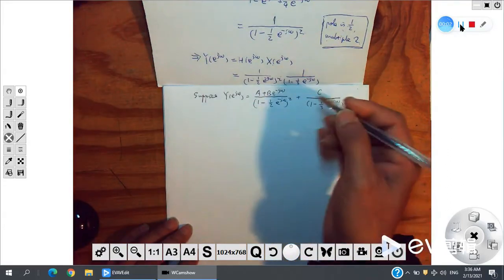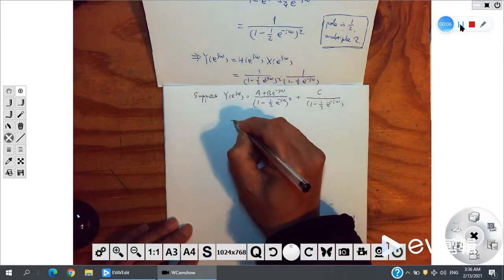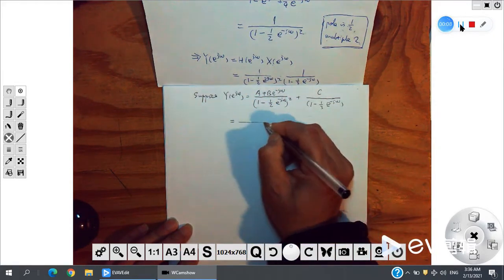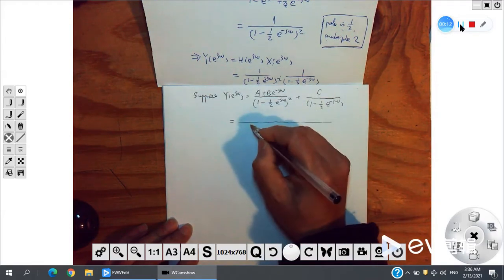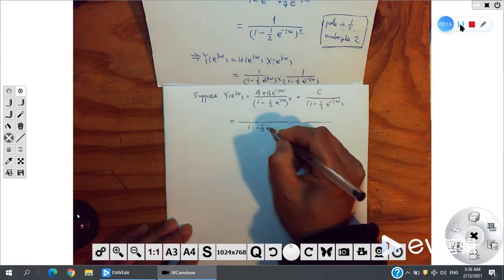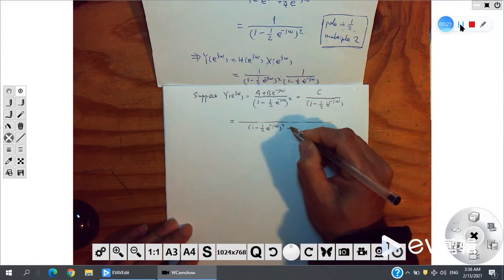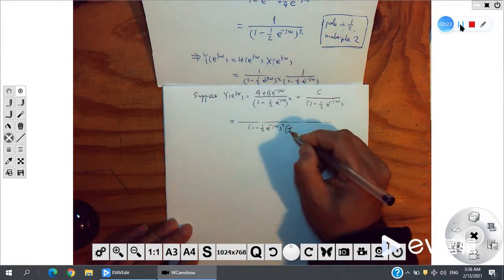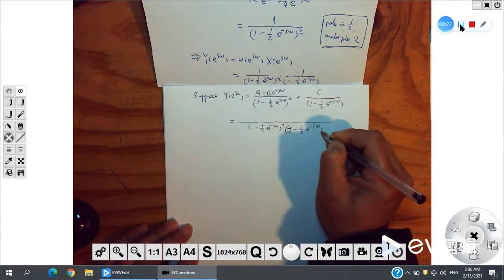Okay, now let's add these two fractions together. Then the denominator should be the multiplication of the denominators of each. So this is the first term, a square, and the second term is 1 minus 1/3 e to the negative j omega, the first order term.